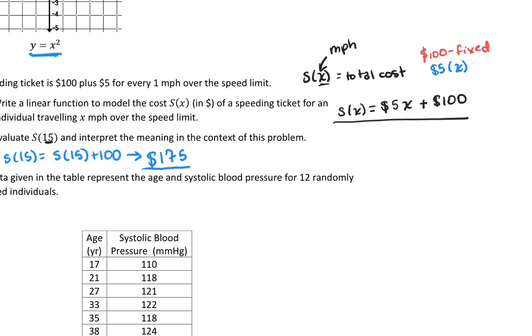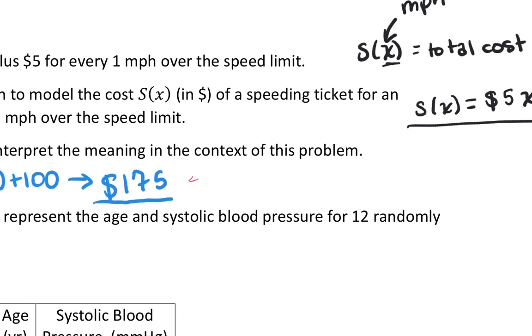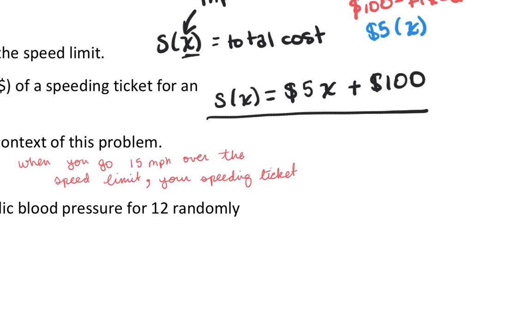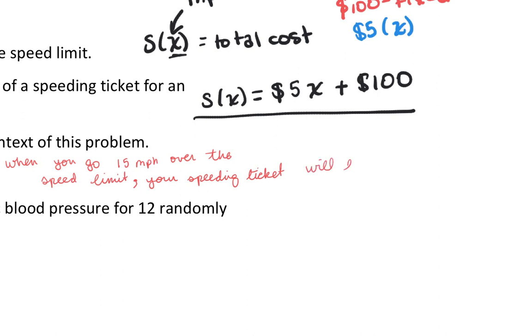That means, and I'll write this down, this means that when you go 15 miles per hour over the speed limit, your speeding ticket will be $175.